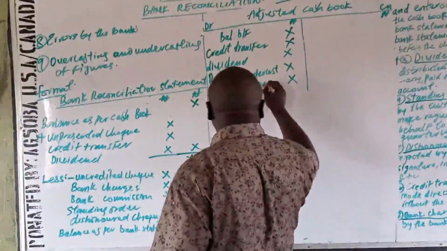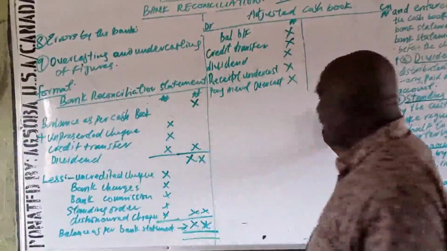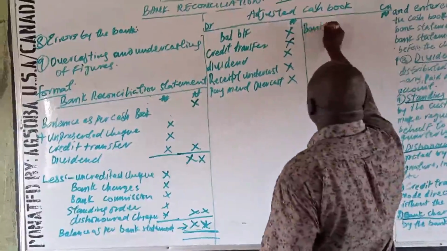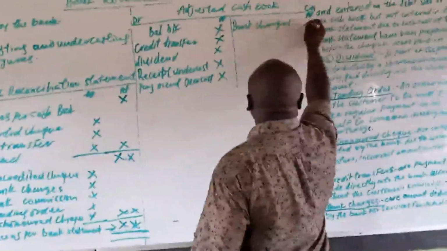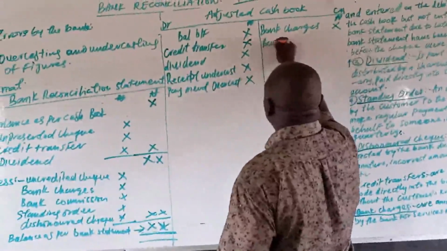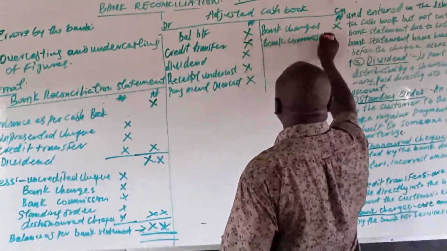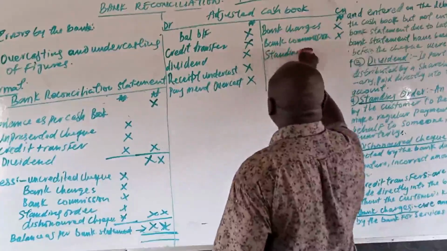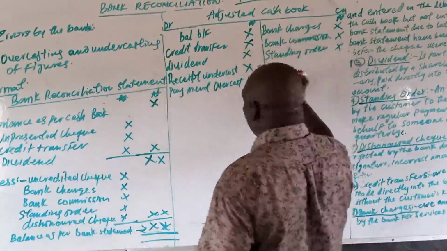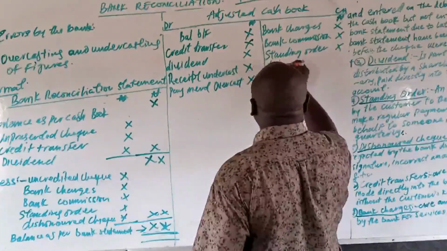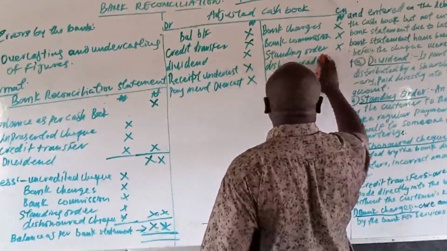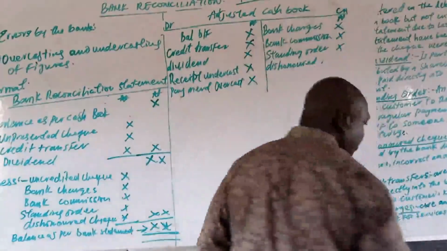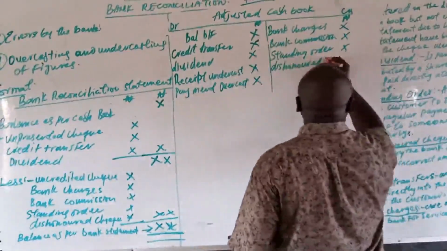Coming to this side, we will determine the other ones, which we have the bank charges, we have the bank commission, if any, we have the standing order, then we have the dishonored check.